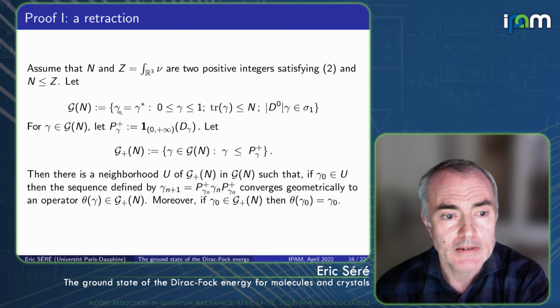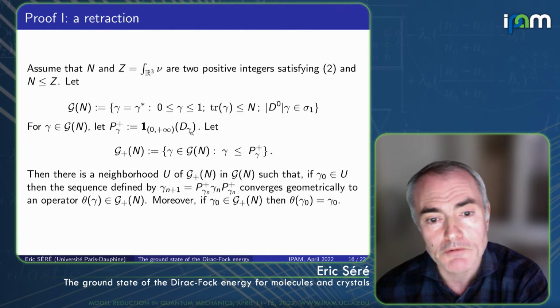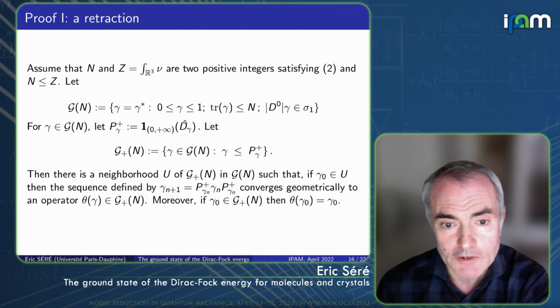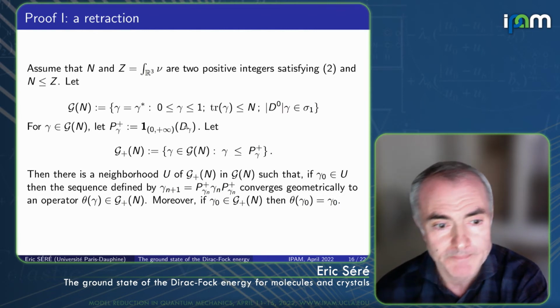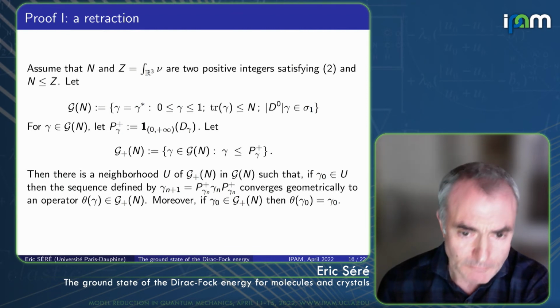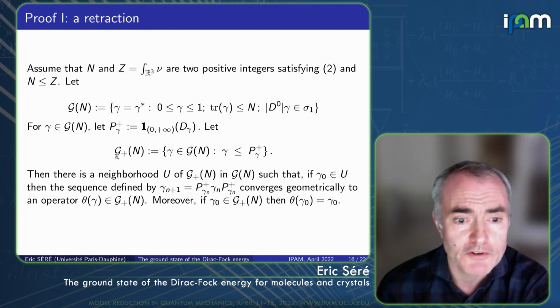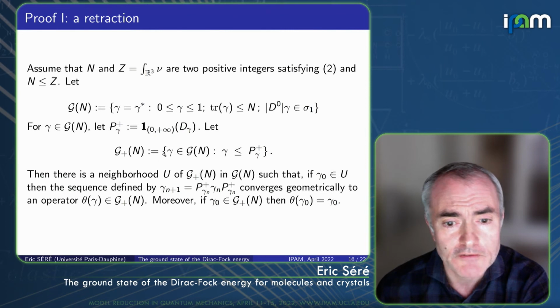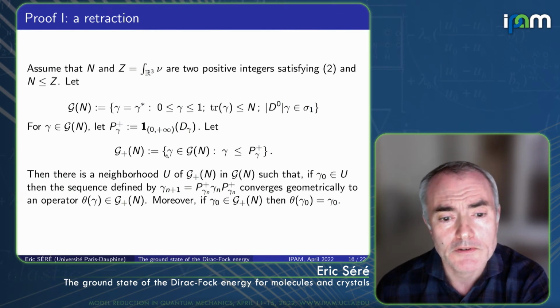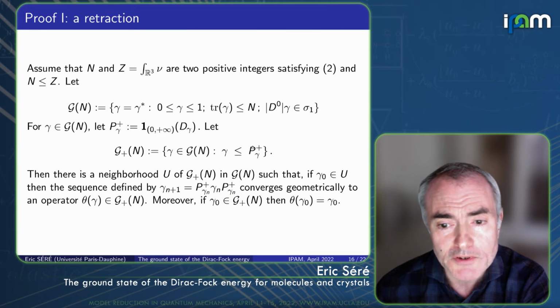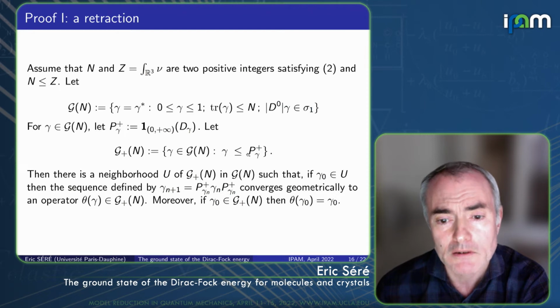Okay? And then for any gamma in this G of n, one can define the positive spectral projector of the mean field operator associated with gamma. And then you define G plus of n, which is the set of density matrices that have a range included in the range of P plus gamma.